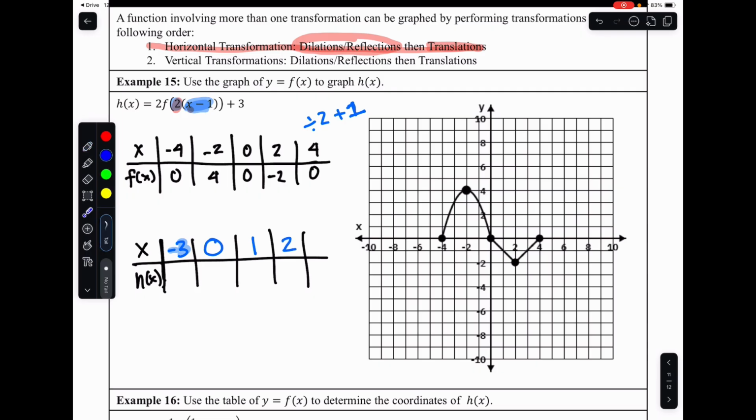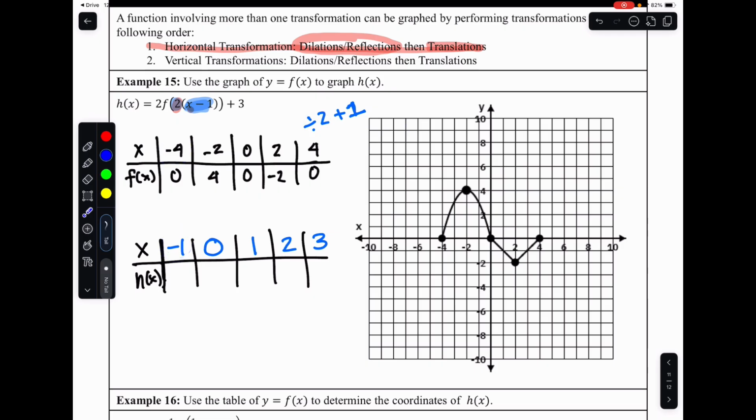And then finally 4. 4 divided by 2 is 2, plus 1 is 3. Okay, now, oh, hold on. There's an error here. That should be -1. I did the math wrong on the first one. -4 divided by 2 is -2, and -2 plus 1 is -1.